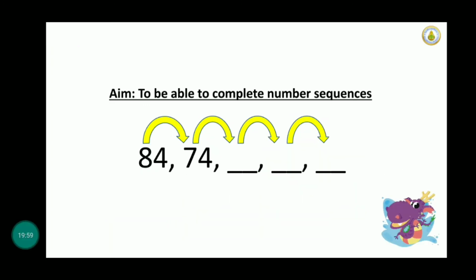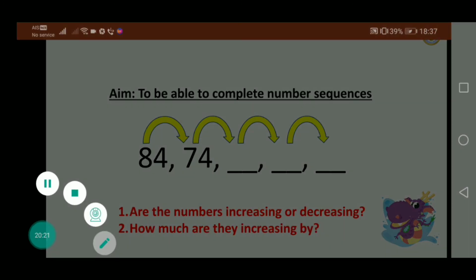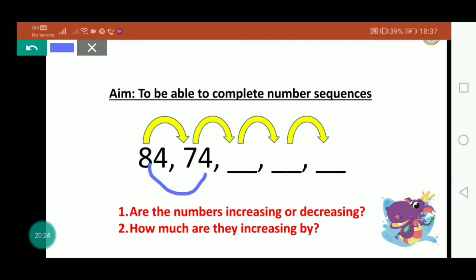How about this number pattern? Are the numbers increasing or decreasing? Very good. It is decreasing because from 84 to 74, that looks decreasing. So, how much are the numbers decreasing by? From 84 to 74, it looks like they decrease by 10.